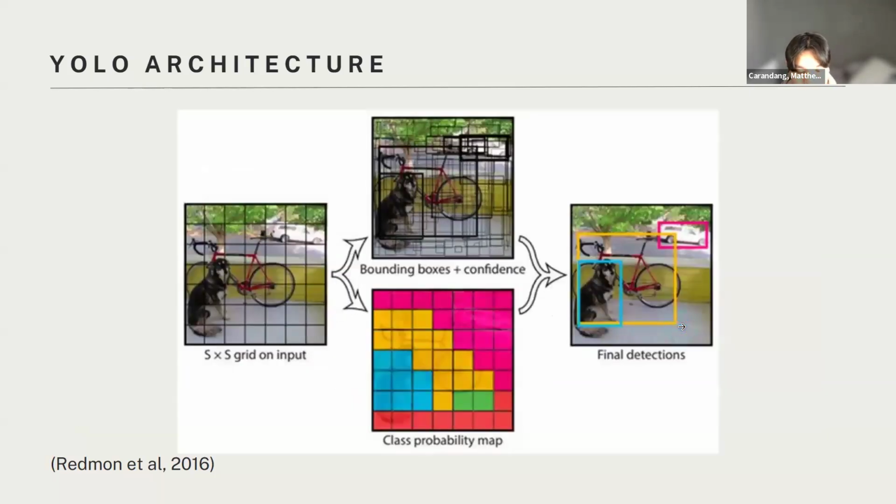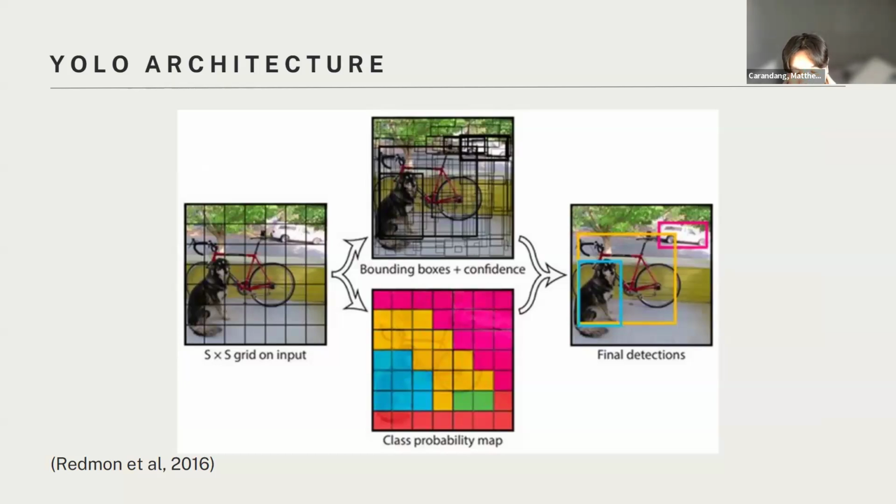This diagram explains the general concept behind YOLO. First, it divides the input image into an S by S grid shown on the left. Each grid cell is responsible for predicting any object whose center falls inside of it. For every cell, the network predicts both the bounding boxes and the class probabilities.